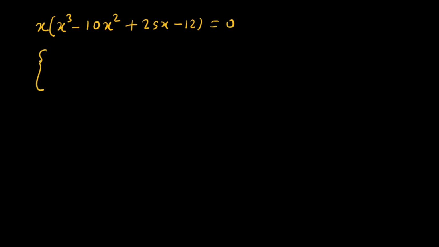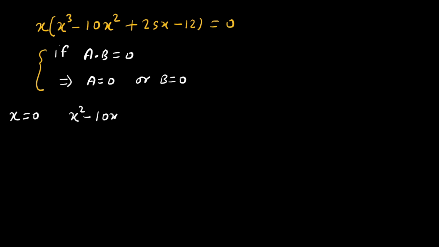We know that if a times b equals 0, this implies a equals 0 or b equals 0. If we apply this rule here, then x equals 0 and x squared minus 10x, here x power 3, so this is 3, and here 25x minus 12 equals 0. Look carefully, this is a cubic equation.